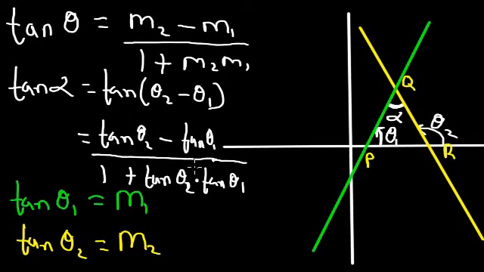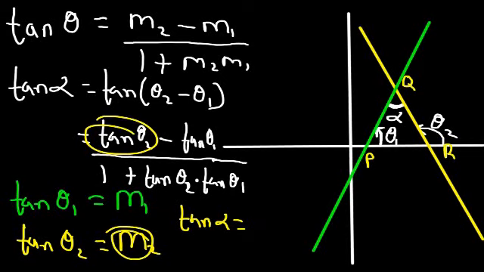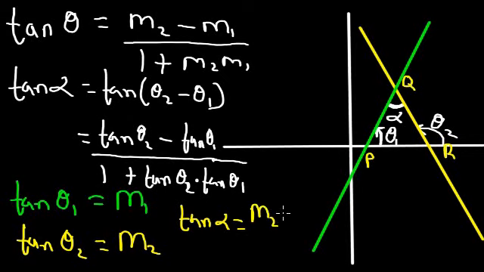So therefore, I can clearly have tan alpha given as tan theta 2, which I will replace with m2, minus tan theta 1, which I will replace with m1.